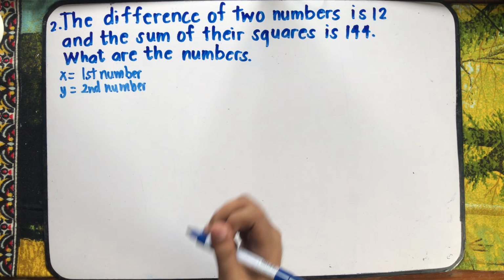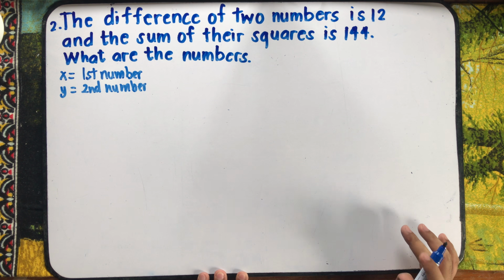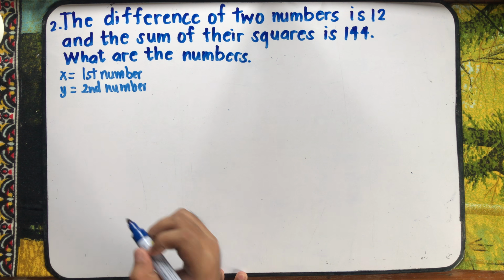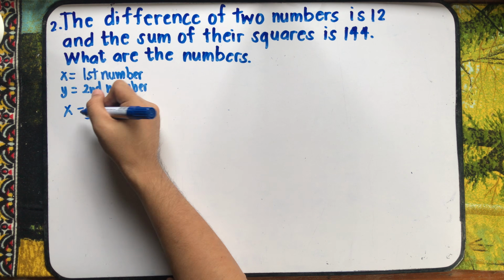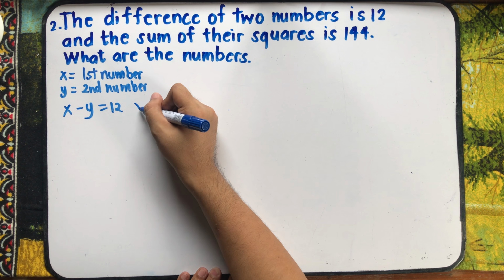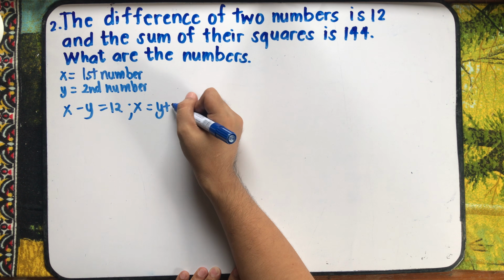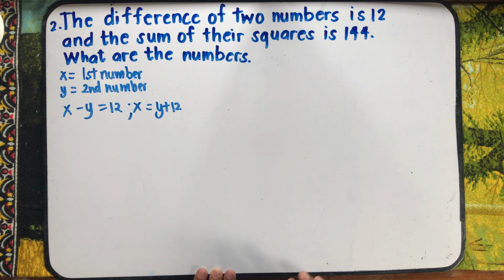Okay, for equation number 1, the problem tells us that the difference of two numbers is 12. Therefore, that becomes x minus y is equal to 12. Therefore, we could say that x is equal to y plus 12. Very good. That is the first equation.